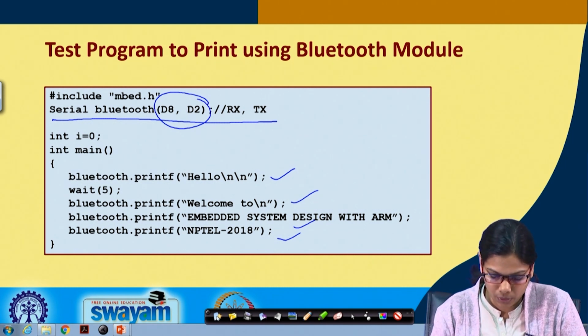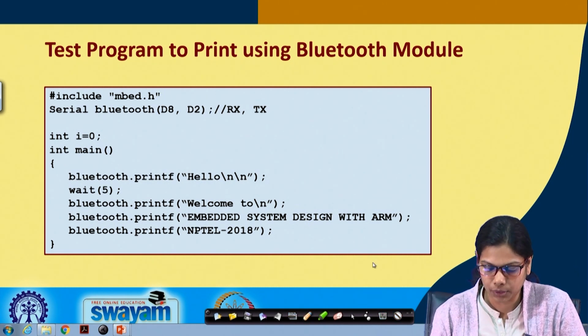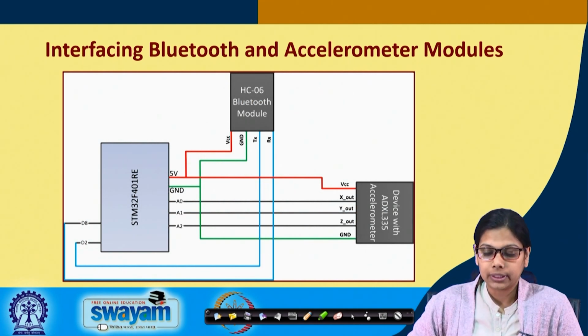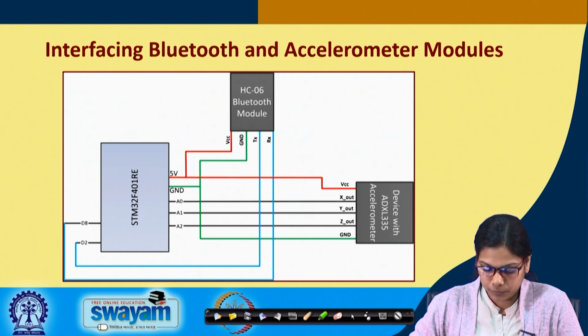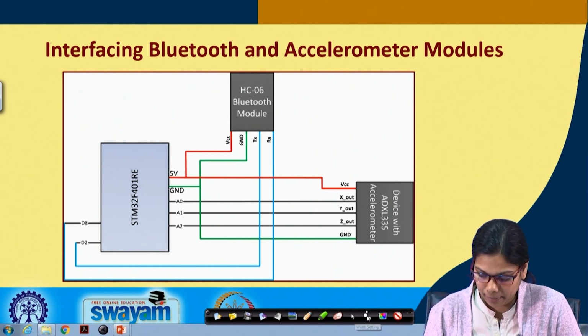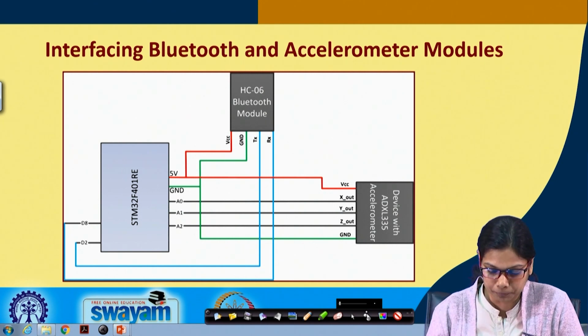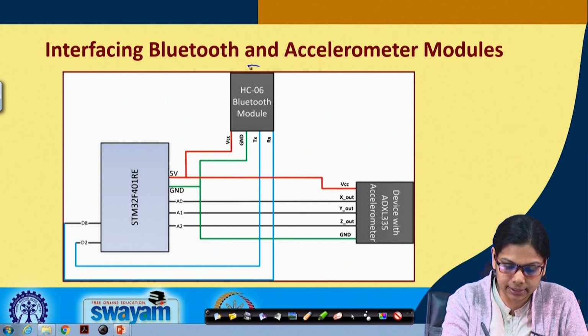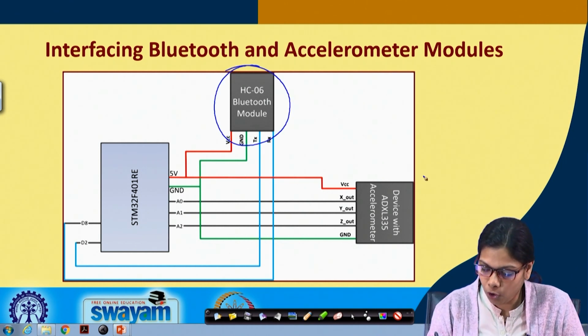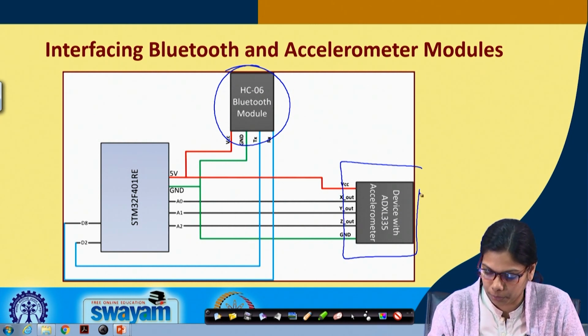Now, we will go ahead with interfacing the Bluetooth and the accelerometer module. This is fairly straightforward because we have already discussed the Bluetooth module connection, and I have already discussed the accelerometer connection with you.